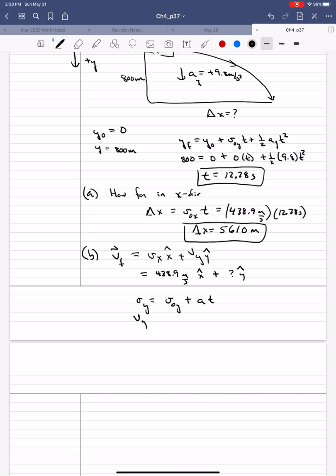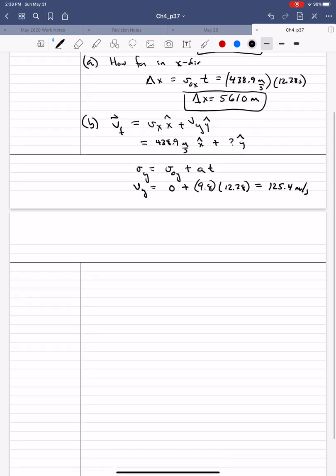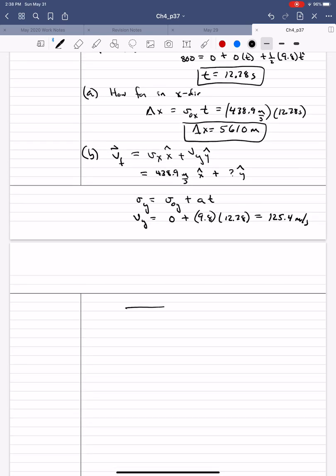So the final y speed will be 0 plus 9.8 times 12.78. So that means that the final y speed is going to be 125.4 meters per second. And so as a vector, we're going to the right at 438.9 meters per second, and we're going down at 125.4 meters per second.